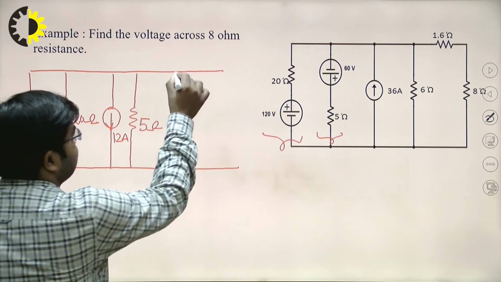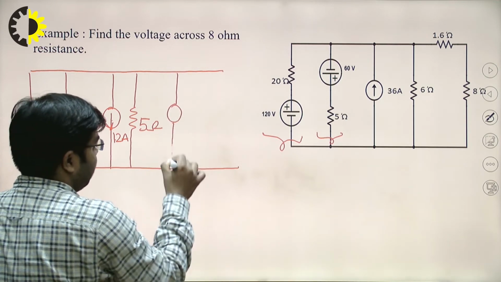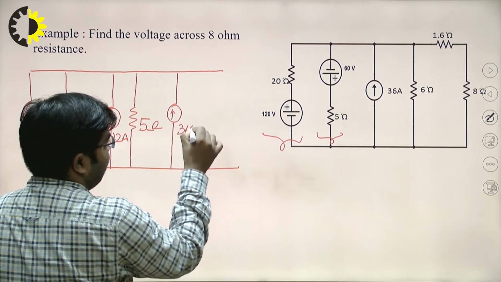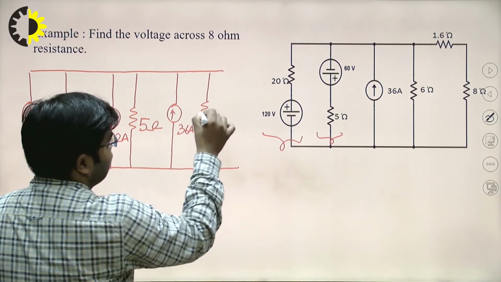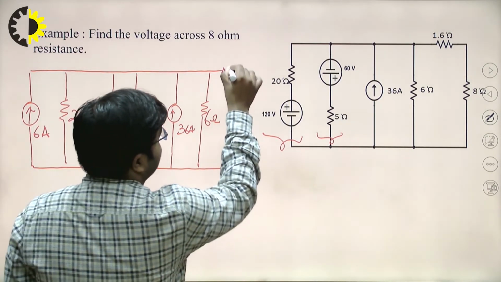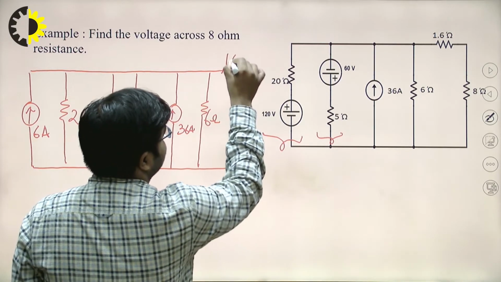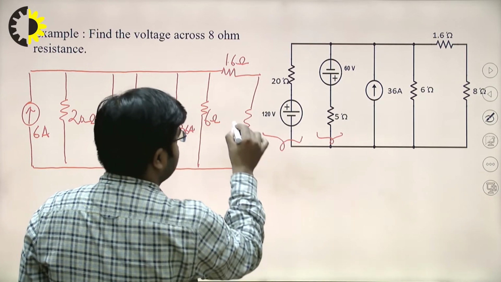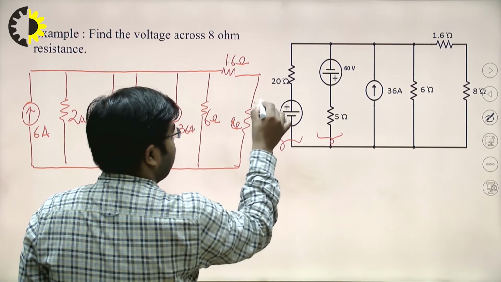Now you can connect here the remaining components. So this is the 36 ampere current. Now you can connect 6 ohm resistance here, then you can connect here 1.6 ohm resistance and this 8 ohm resistance, and here you have to find out this voltage V.